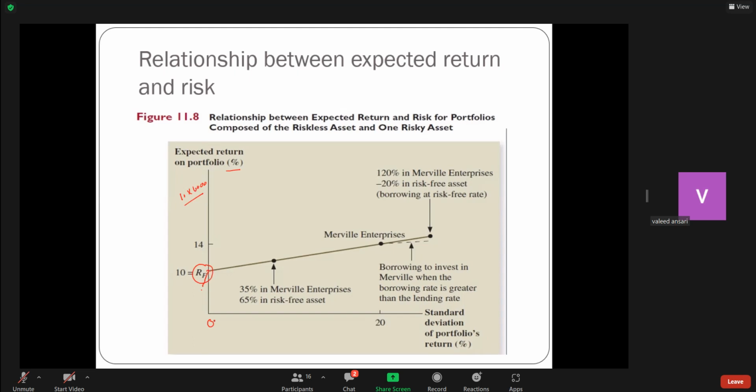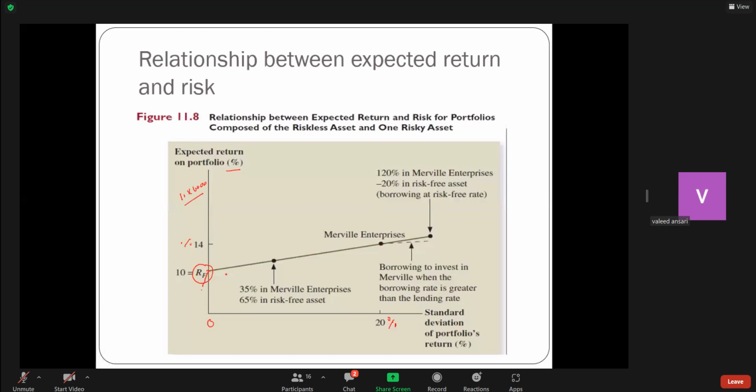Another point may be that the entire amount is invested in the risky asset, which has a standard deviation of 20% and provides a return of 14%. In order to draw a line, you need two points. One point is this, another point is this.